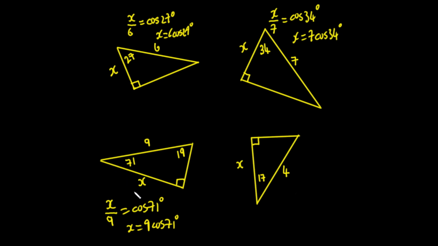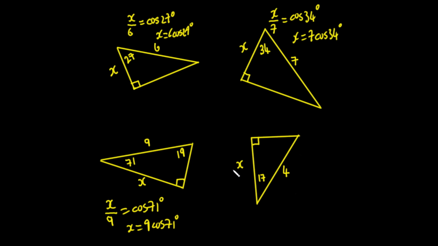But of course, as I mentioned, we could use the sine function. In this case, we could write the value of x divided by 9 is equal to the sine of 19 degrees, because x is opposite this value of 19.